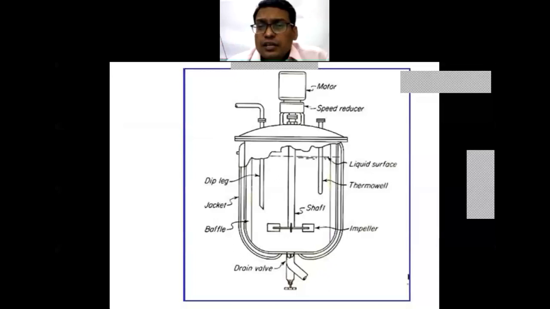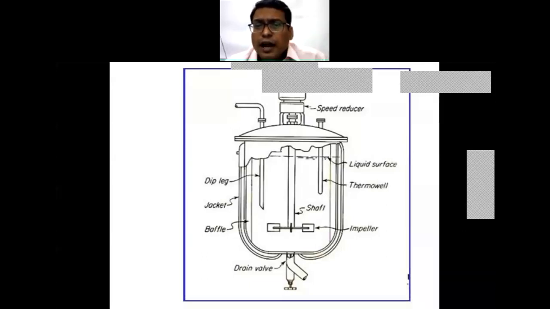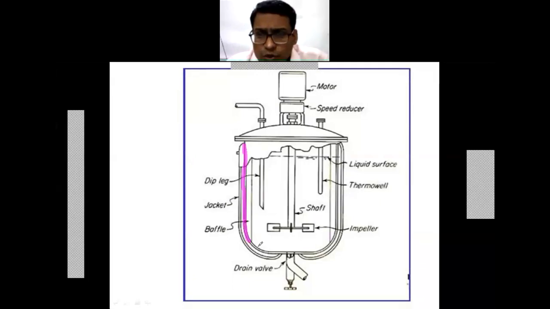Now, this is the general figure related to our reaction vessel, which incorporates a vessel associated with the basic considerations. This is the basic vessel which you can see, and to this vessel the different accessories are attached.